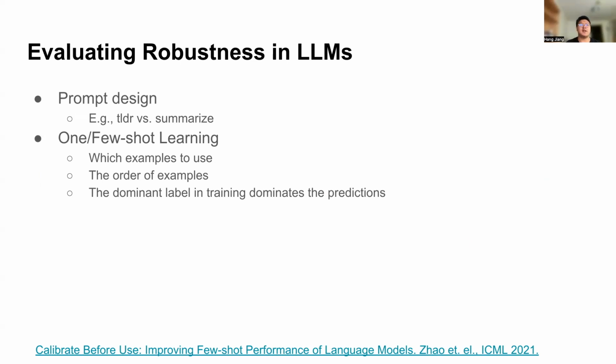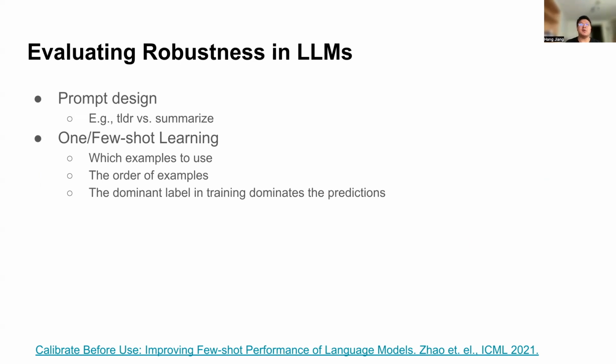Another important thing to do is to try zero shot, one shot, few shot learning. It turns out the examples you choose, the order of examples you feed to the models, and the labels of examples you show to the large language models are all important to the predictions.